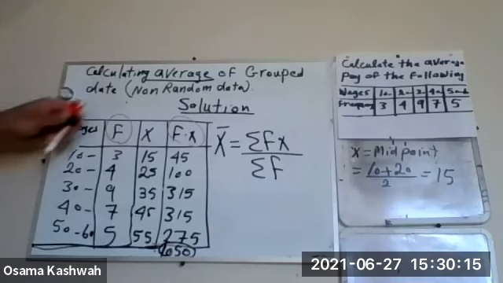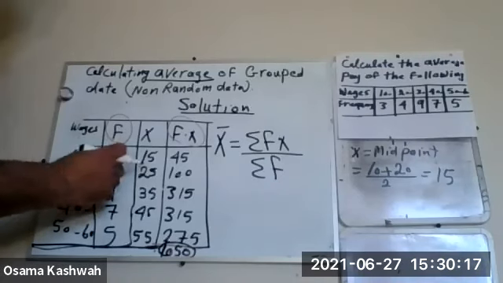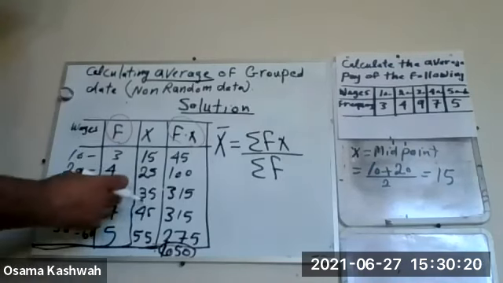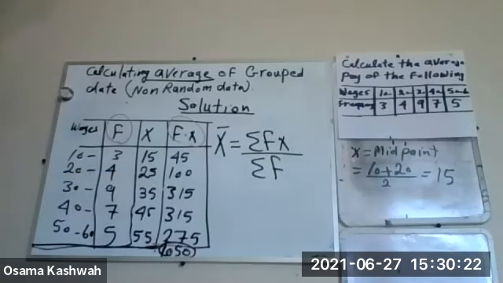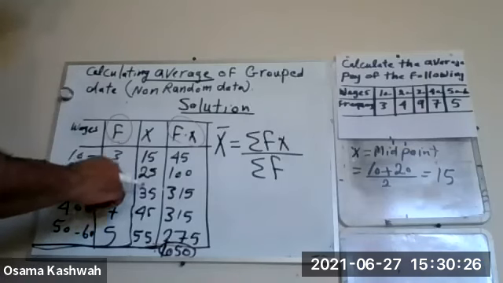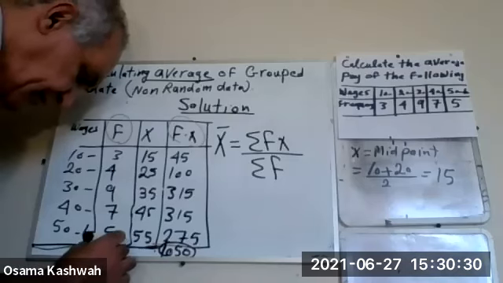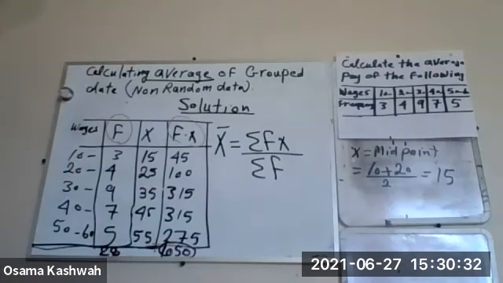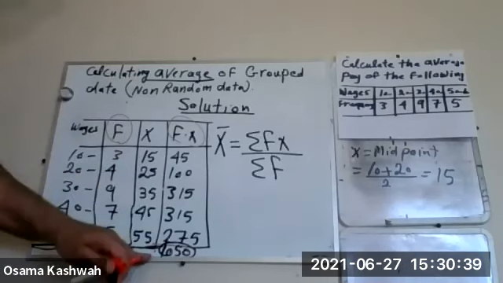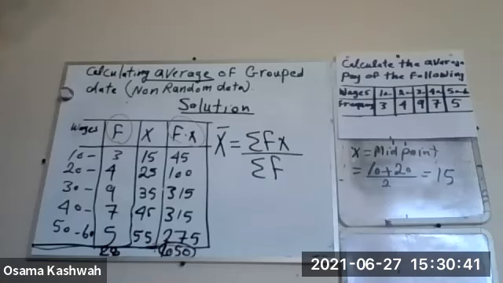And I have here the frequency 3 and 4, 7 and 9, 16, and 7, 23, and 5, 28. So I will have the frequency 28 and the fx is 1050. Then I will divide them by each other.